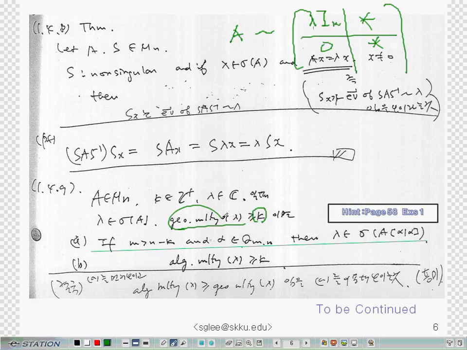If we have a geometric multiplicity greater than or equal to k, then we have at least k linearly independent eigenvectors of A corresponding to the eigenvalue lambda. So the proof of this first part also comes from this fact that I already mentioned.